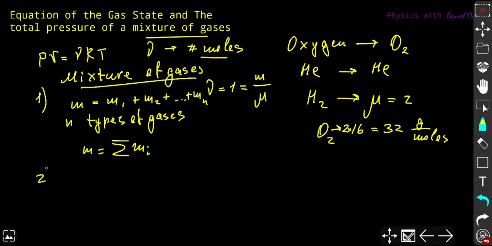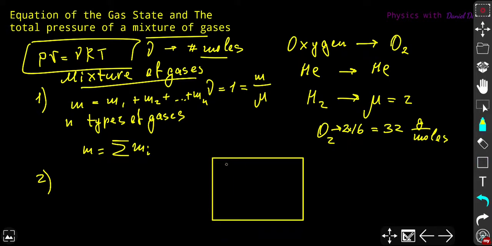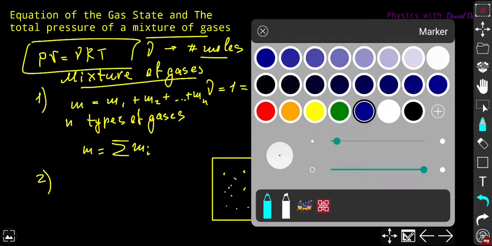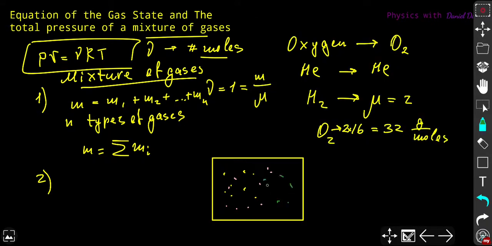But what about the pressure? How would you use the normal equation for the gas state? In this case, we consider that if we have a volume within which we have different types of atoms or molecules, and let's say a greenish one, right?